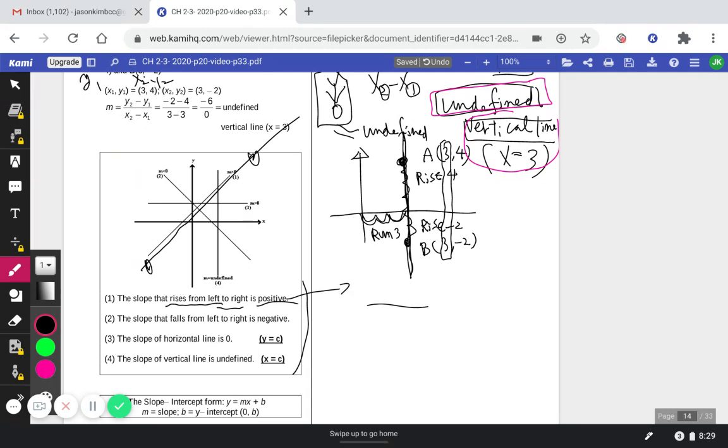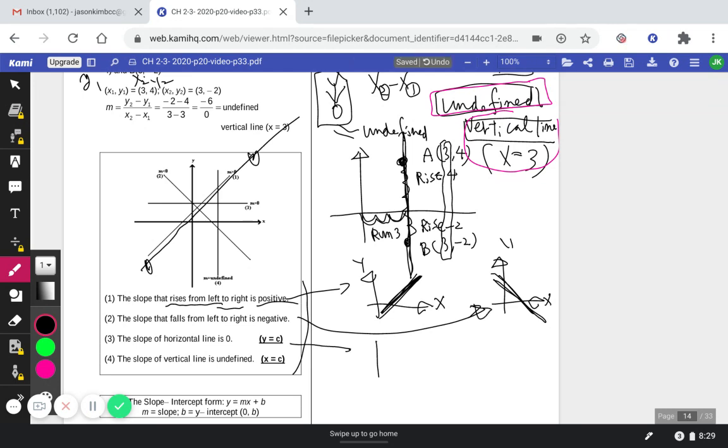Slope is positive means it's going up. Okay? That's what they mean.